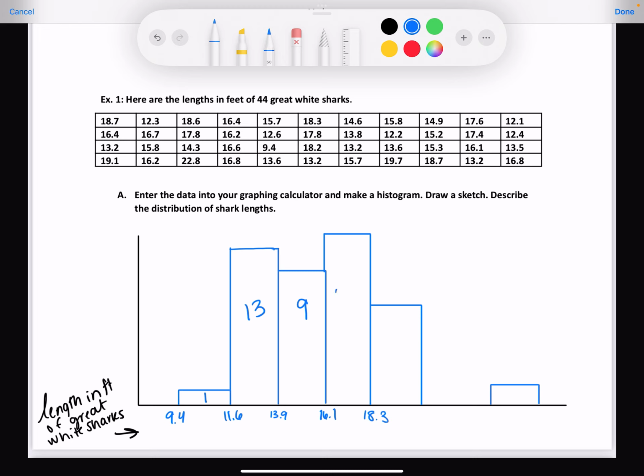There are 15 numbers in this box. And then next one, 18.3 to 20.6. And there are 5 in this box. And then arrow over. There's nothing here. There's a gap here. Then 22.8. Arrow over again. Up to 25.0. And there's 1 in this box as well.